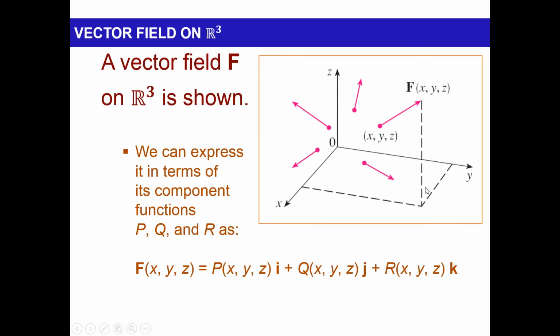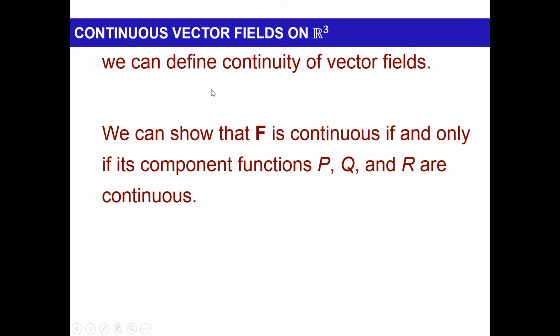So this is a graph of a vector field in three dimensions. We can express it in terms of its components P, Q, R. The component functions P(x, y, z), Q(x, y, z), R(x, y, z) are scalars. So we can also define the continuity of vector fields.